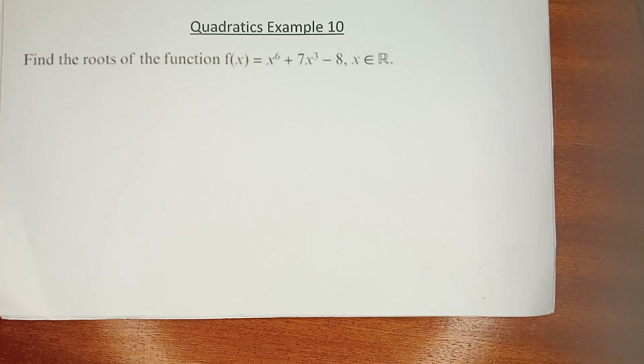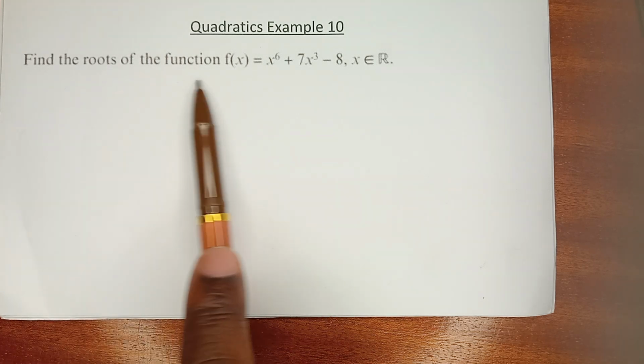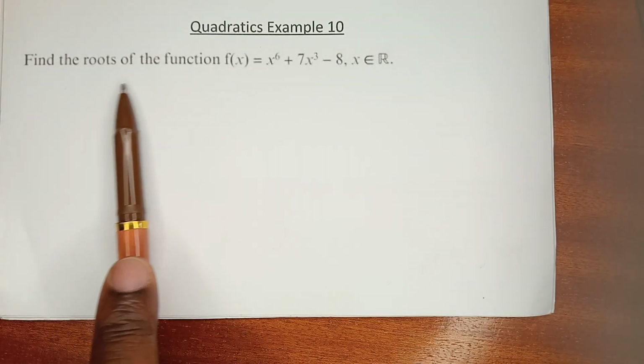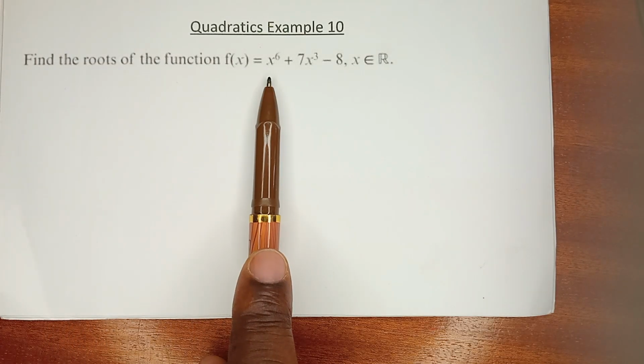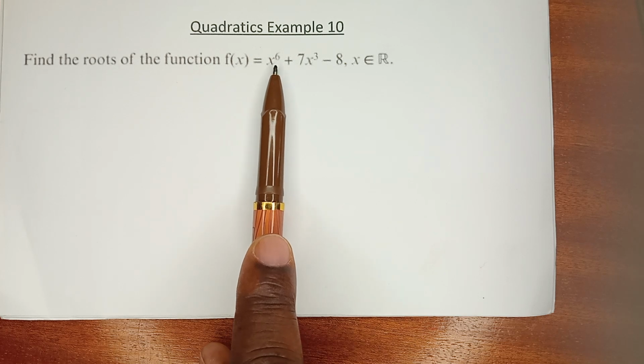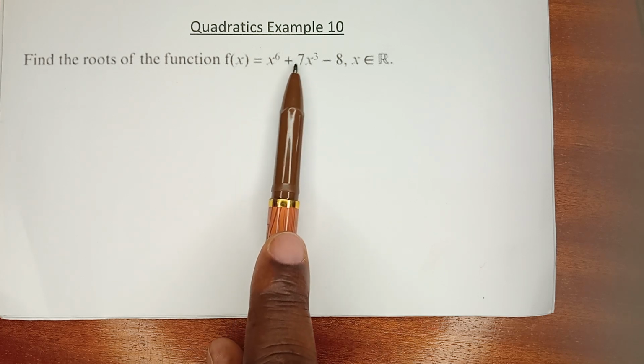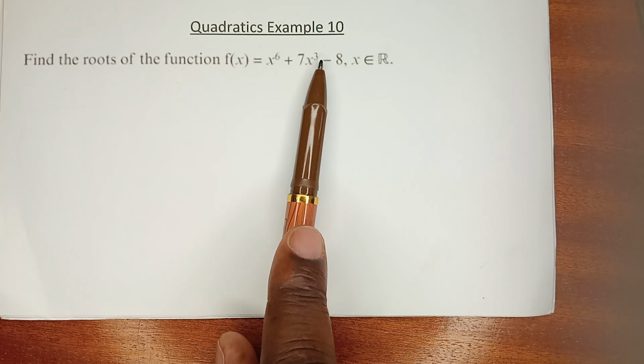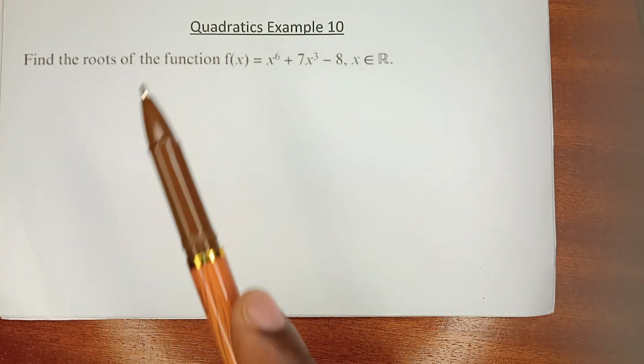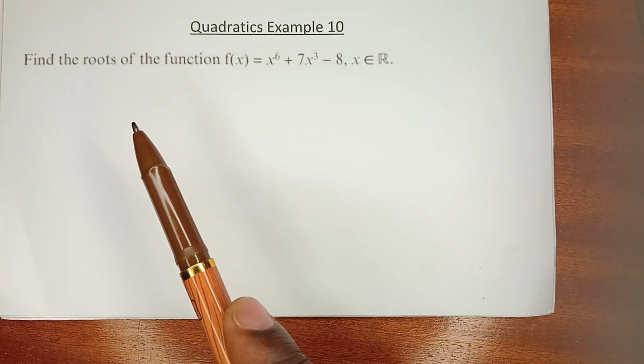And in this video I want us to continue solving quadratic equations through example 10. As you can see, we are told to find the roots of the function f(x) is x raised to power 6 plus 7x cubed minus 8, where x is a real number.